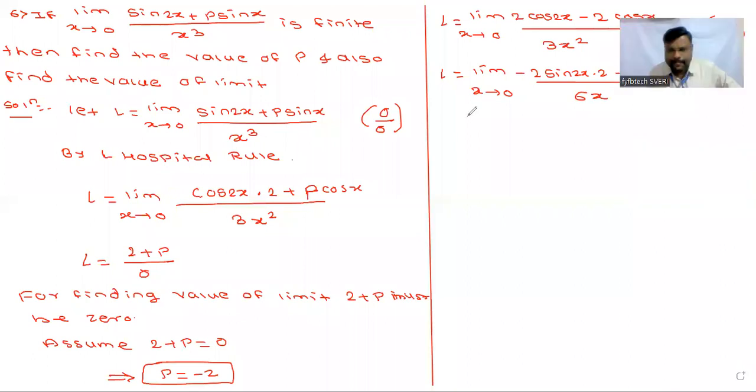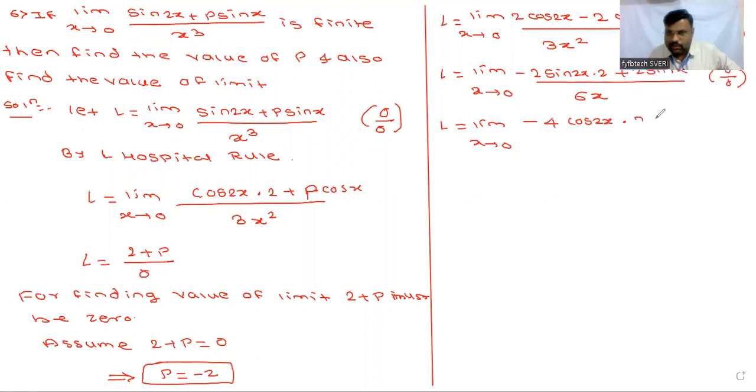What do you get as the answer? L equal to limit x tends to 0. What are the derivatives? −2 into 2 is −4, so −4 cos 2x into 2, plus 2 cos x, divided by 6.